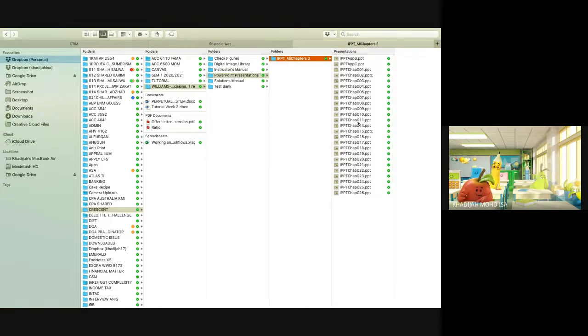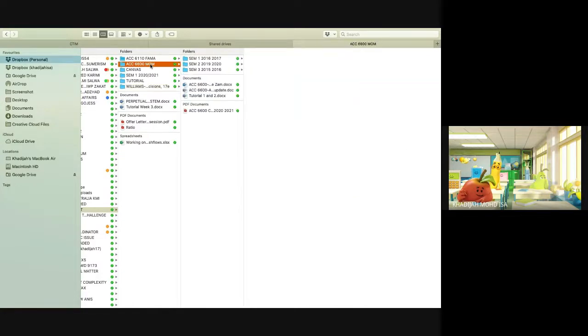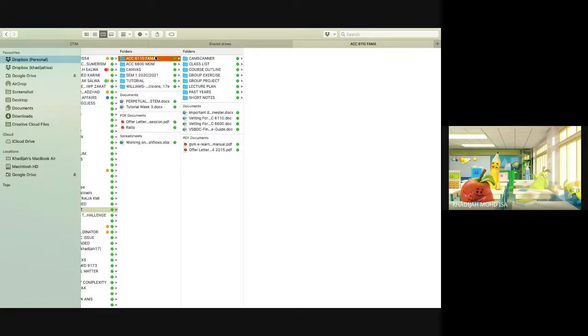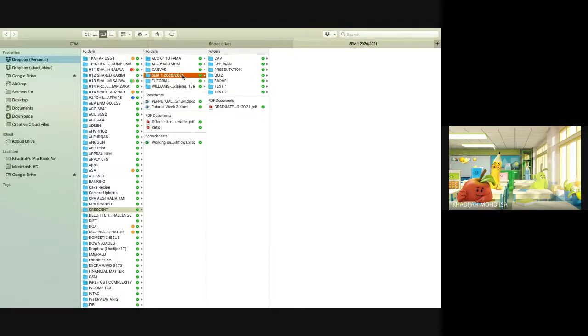Oh, there's no chapter 12. Why is there no chapter 12 here? Chapter 11 is on equity, I think. 12, 13 are not here. Missing. Where do I find it? Why did it disappear?